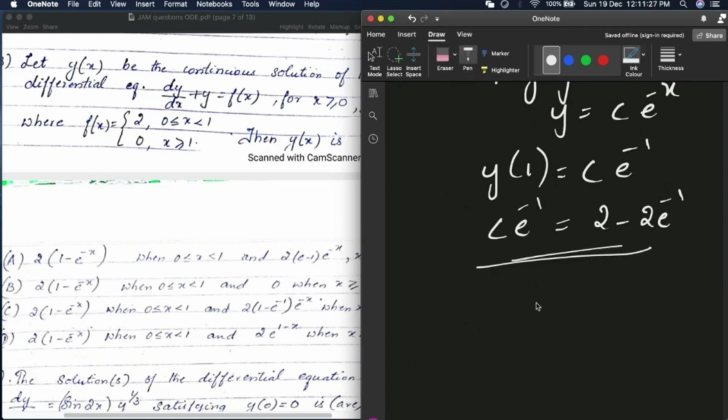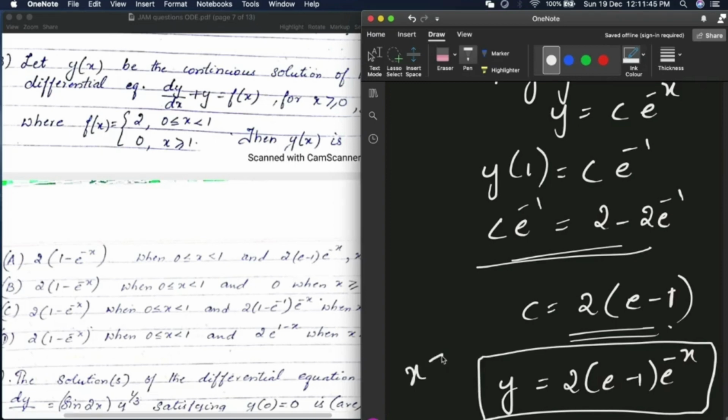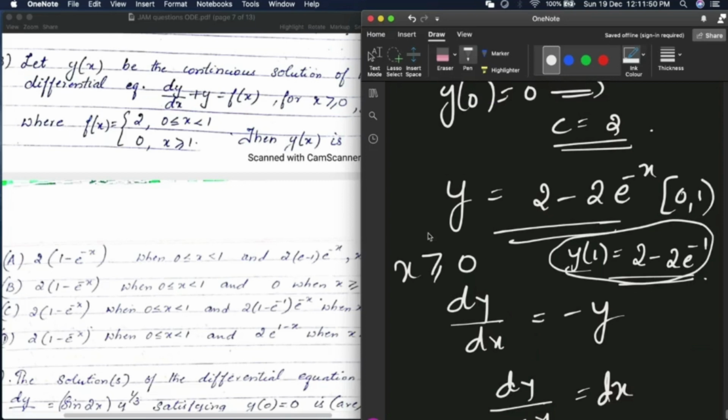So your c is 2 into e minus 1. So you get your solution as 2 into e minus 1 into e raised to minus x. So this is my solution in the interval x greater than or equal to 1. And my solution in the interval 0 to 1 is this.